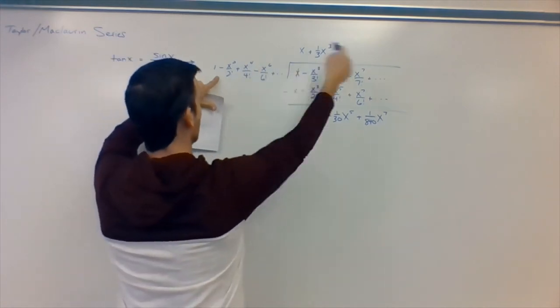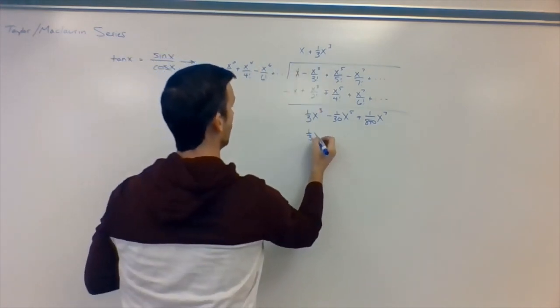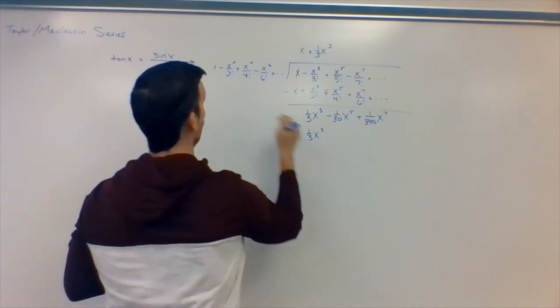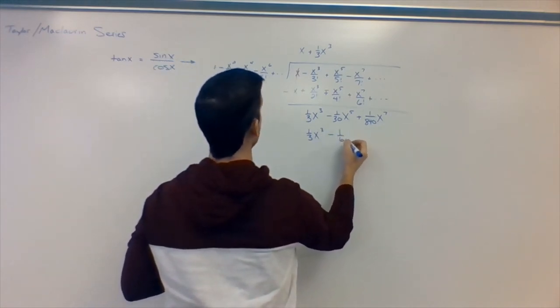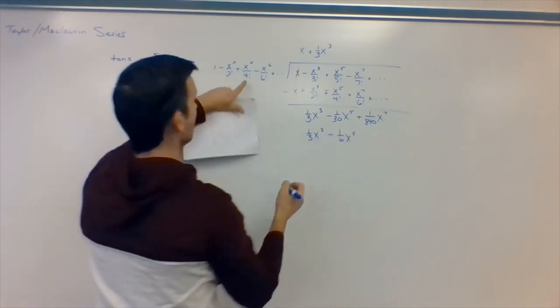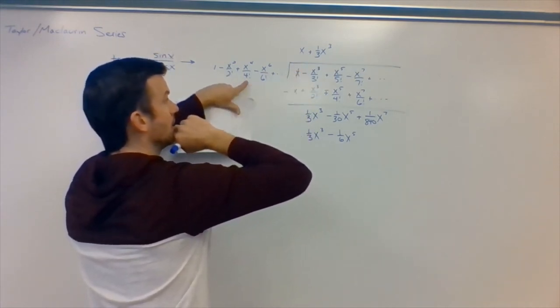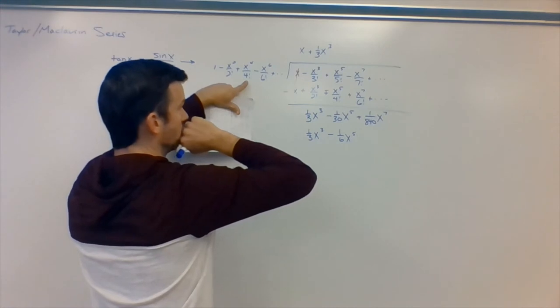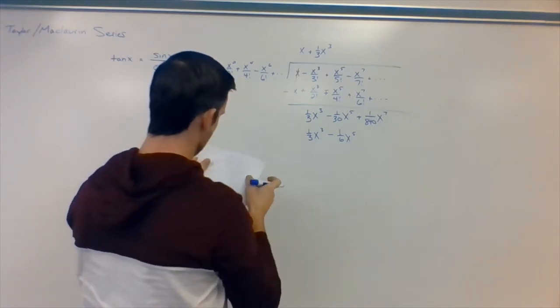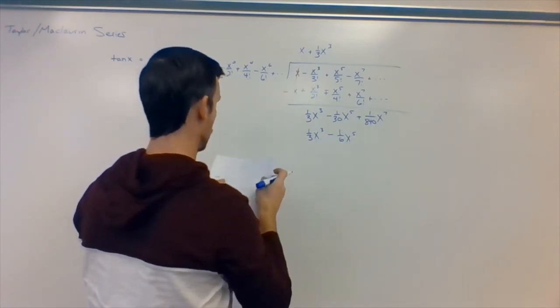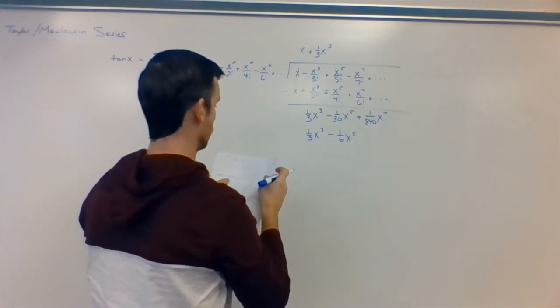So I do all my multiplying. I get 1/3 x to the 3rd. I get 1/6 x to the 5th. That's a 24. So 3 times 24 is 72.